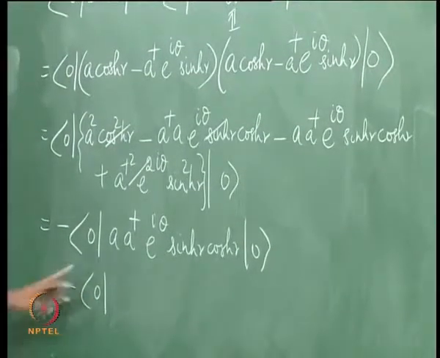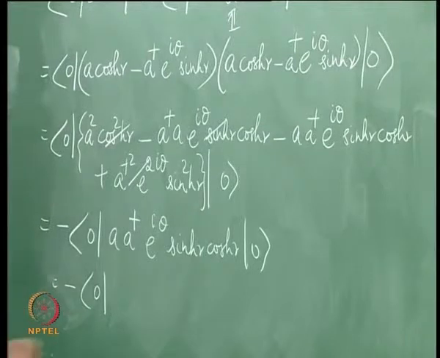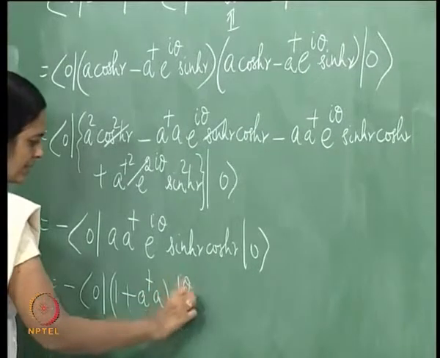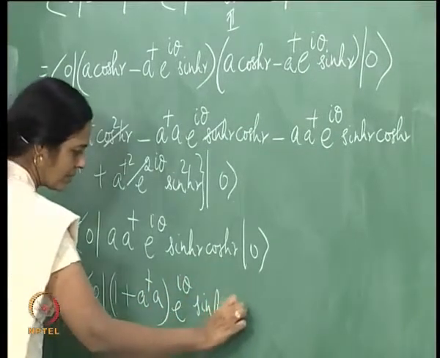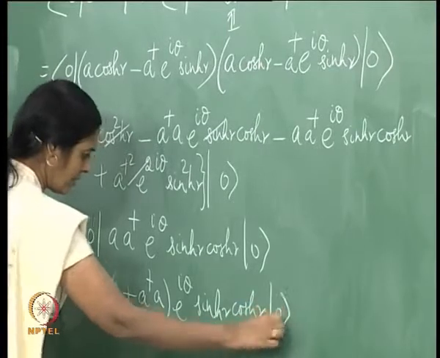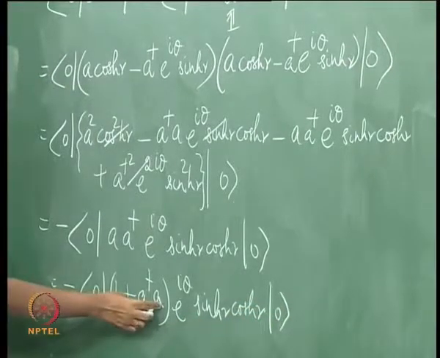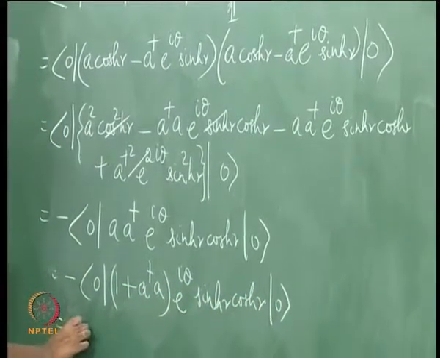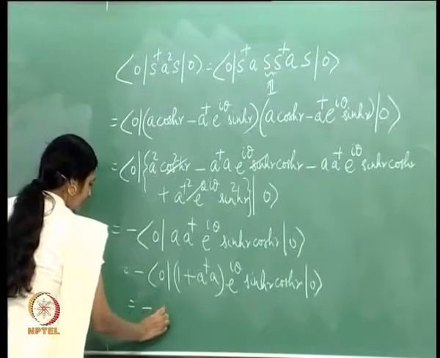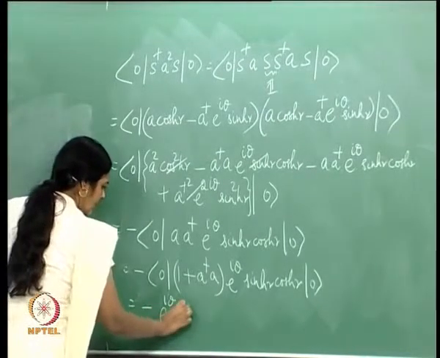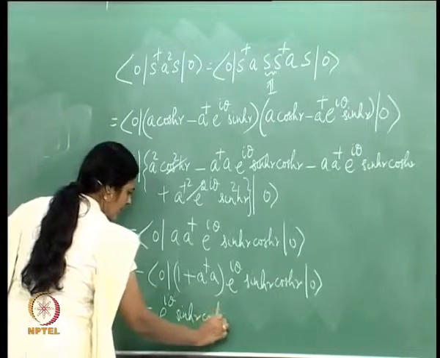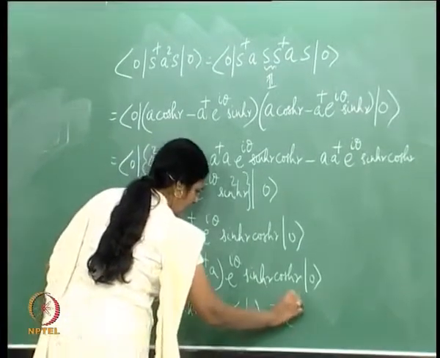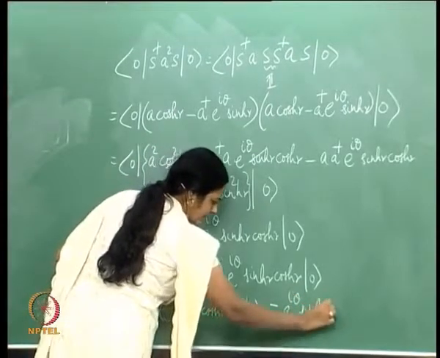I know that A A dagger is 1 plus A dagger A, and there is an e to the i theta sin hr cos hr, ket 0. Again, A dagger A does not contribute because A dagger A acting on ket 0 gives me 0. So, this is just minus e to the i theta sin hr cos hr, ket 0 with bra 0. That is the same as minus e to the i theta sin hr cos hr.